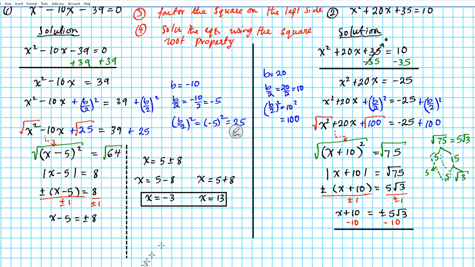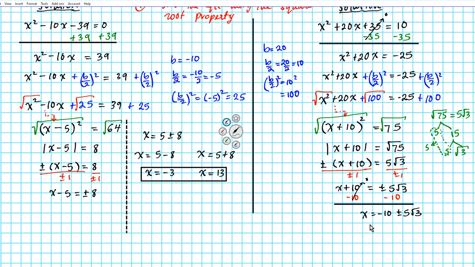In combined form, our final answer is going to be x, so this adds up to 0. x is equal to negative 10 plus or minus 5 root 3. Okay, if we want to write it separately, our answers will be: let's do the minus first, x is equal to negative 10 minus 5 root 3.